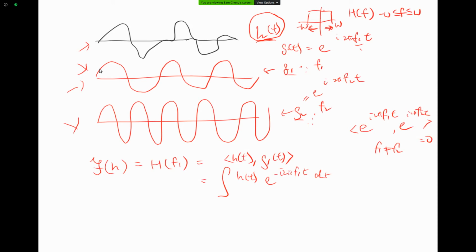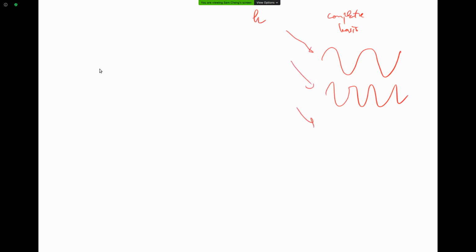Another way of looking at the Fourier transform is that you have a complete set of basis functions, and in this case it turns out that the sinusoidal functions are the basis functions. We have an incoming signal h, and we project h onto each of these bases to compute how h is correlated with each of them.